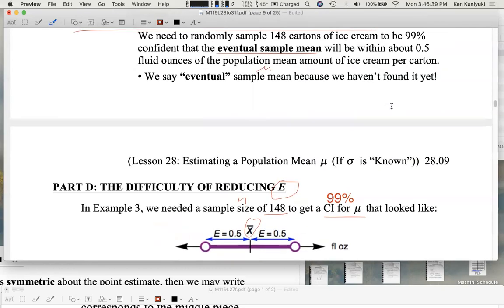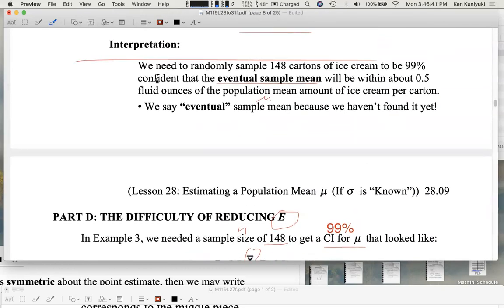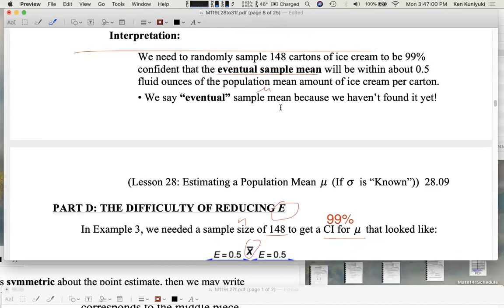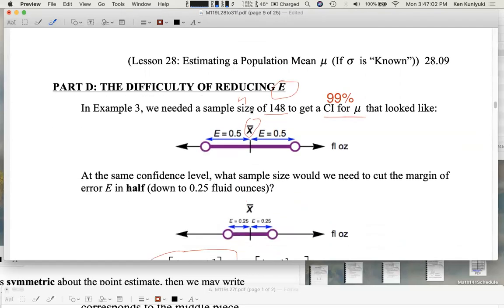But remember our interpretation from example 3. We need to randomly sample 148 cartons of ice cream to be 99% confident that the eventual sample mean, whatever sample mean we get for those 148 cartons, will be within about half of a fluid ounce, 0.5 fluid ounces, of the true population mean amount of ice cream per carton. Okay, so the required sample size is 148.